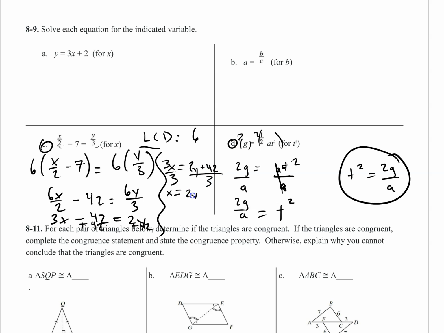So x is equal to 2y plus 42, all divided by 3. Now if you want, you can take this a step further and write x equals 2/3 y plus, 3 goes into 42 14 times. You have that option.